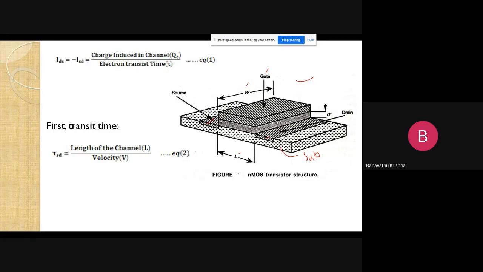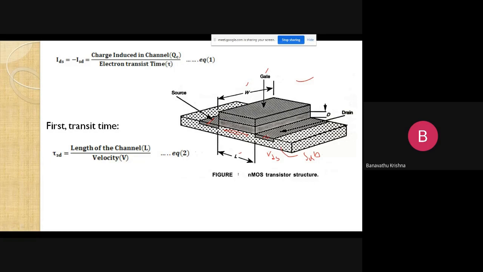Now, when we apply a gate voltage, due to that voltage the channel is established between source and drain. Then the charge carriers at the source are ready to move from source to drain in this direction. If you apply a drain voltage, VDS, due to this voltage the electrons move from source to drain.